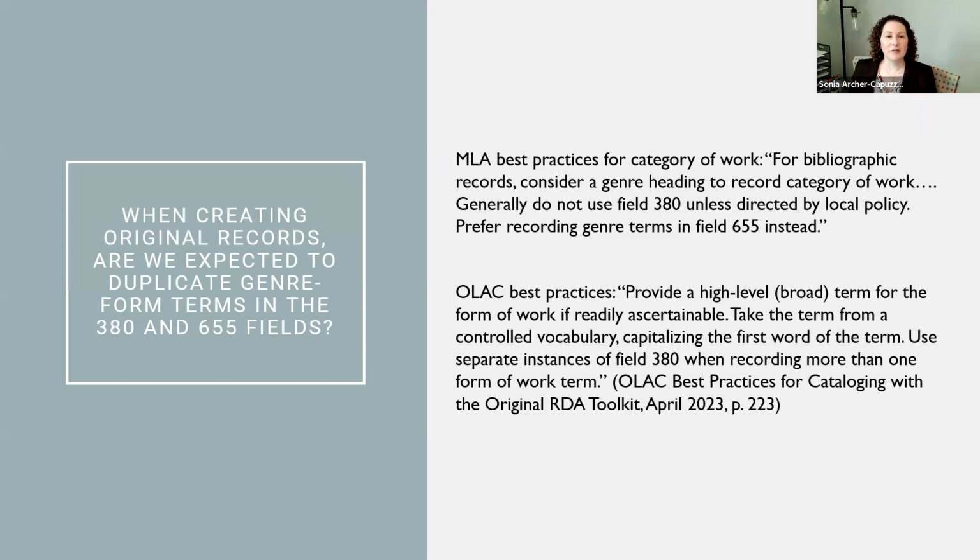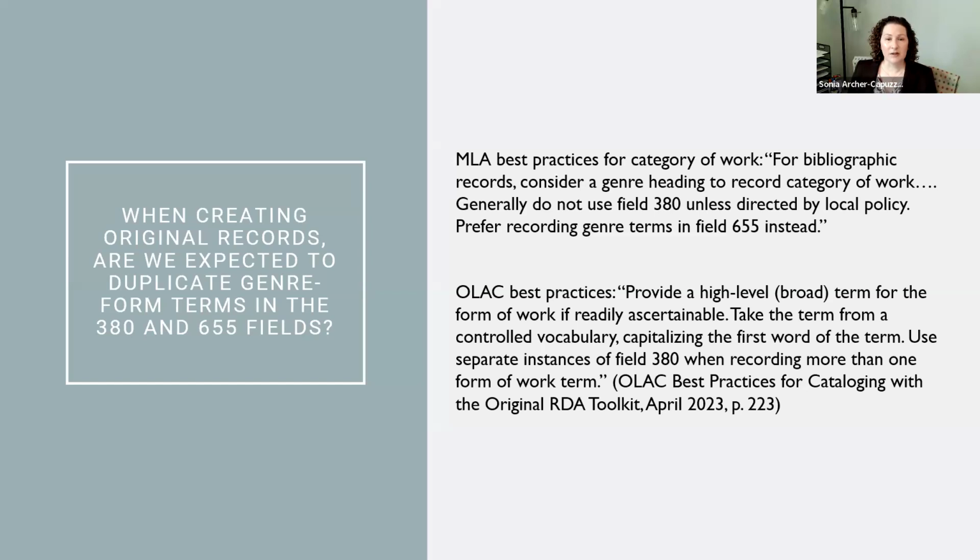So the MLA best practices for category of work say in the official RDA Toolkit, for bibliographic records, consider a genre heading to record category of work. Generally, do not use field 380 unless directed by local policy. Prefer recording genre terms in field 655 instead. So there you go. So you don't necessarily have to have that 380.